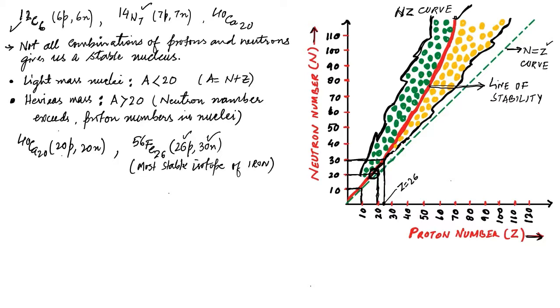So nature has chosen that if a system has to be most stable, then as we increase the number of protons, the number of neutrons has to be more than the number of protons to be more stable as compared to the neighboring nuclei or isotopes.